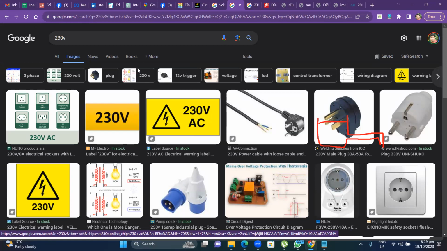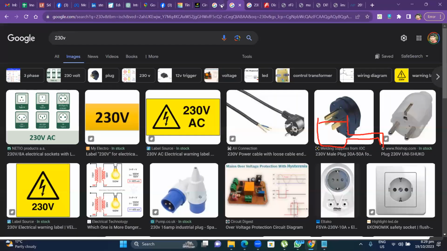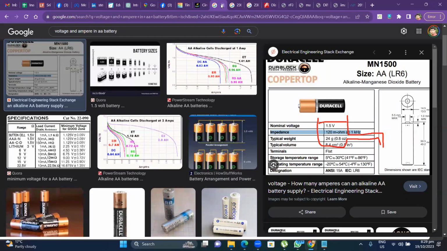Wattage is basically used to measure the consumption. Our units, when you are calculating the electricity bill, units are measured.